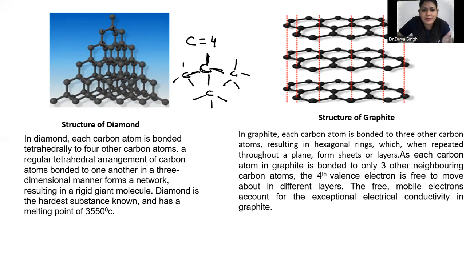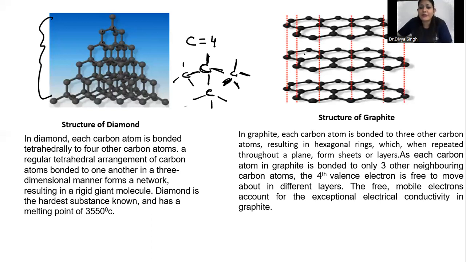Below this carbon is again another carbon, again held by 4 bonds. So a network-like structure is forming continuously by a tetrahedral arrangement. This leads to the formation of a giant molecule, which makes diamond the hardest substance, with a melting point of 3550 degrees Celsius.